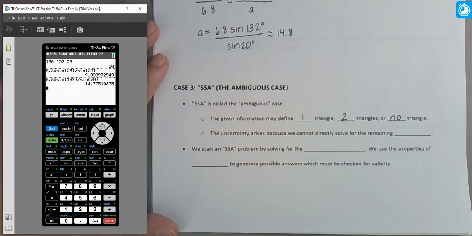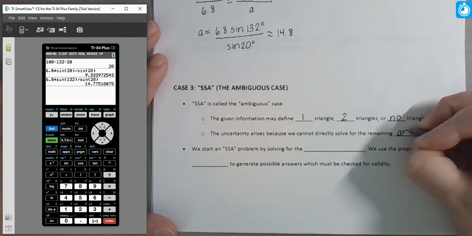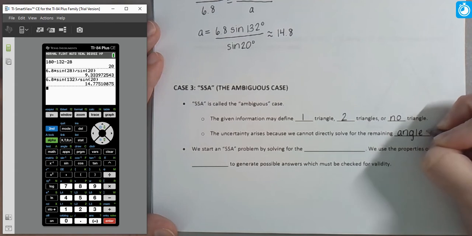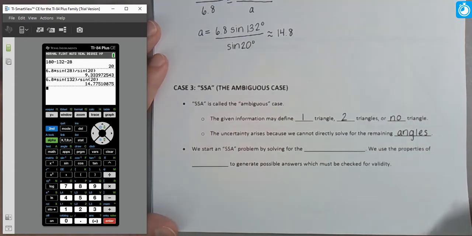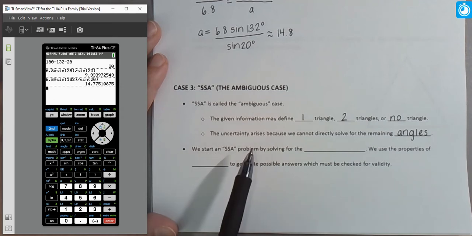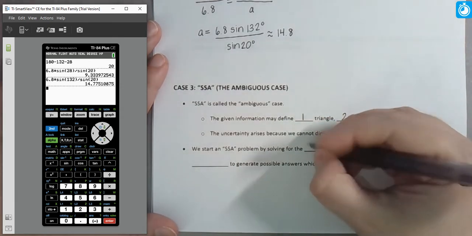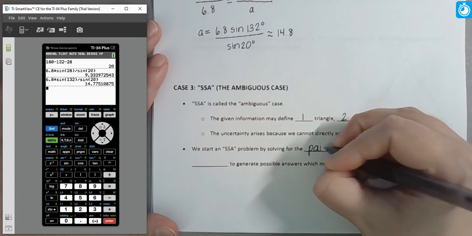So where does this uncertainty come from? The uncertainty comes from the fact that, again, we cannot directly solve for the remaining angles using that subtract from 180 degrees technique. So we're always going to start a problem like this by solving for the paired angle.